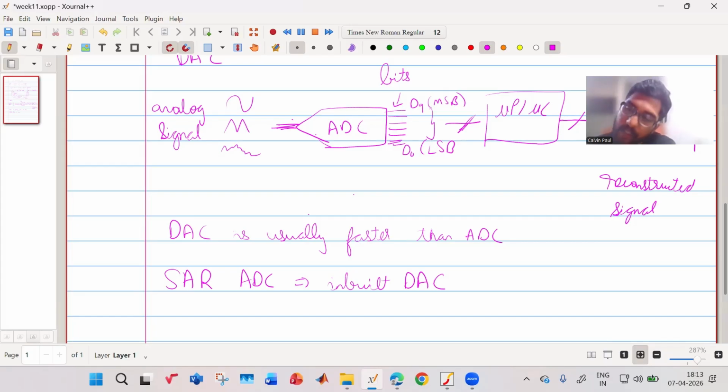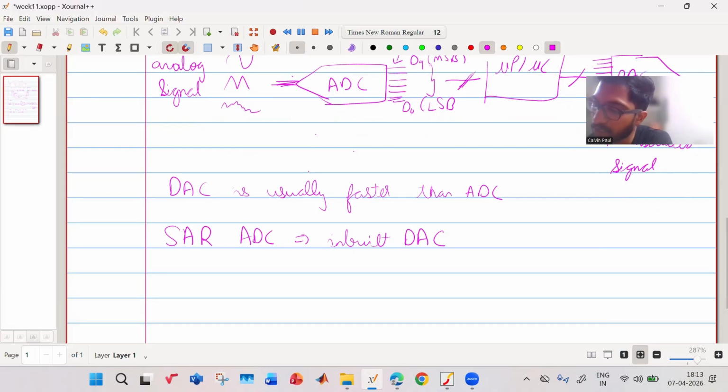So when it is doing the conversion from analog to digital, it requires a digital to analog converter. If it is using a subsystem that is a DAC, that has to be much faster. So for DACs, you can have binary weighted resistor DACs. You can also have R to R ladder based DACs.